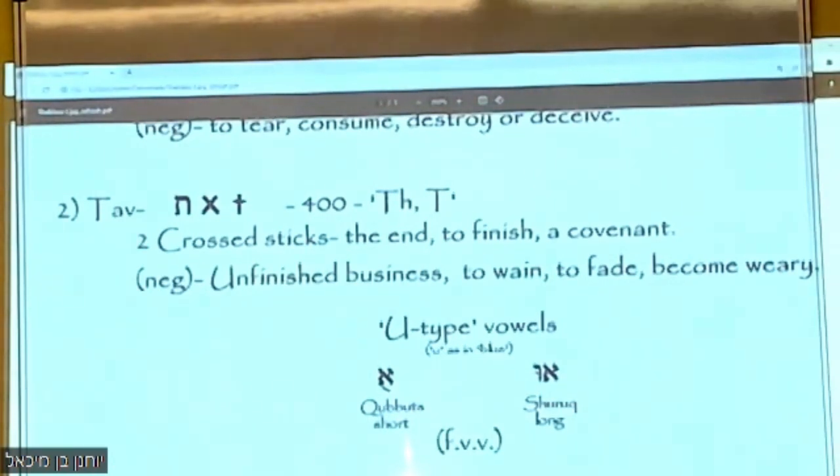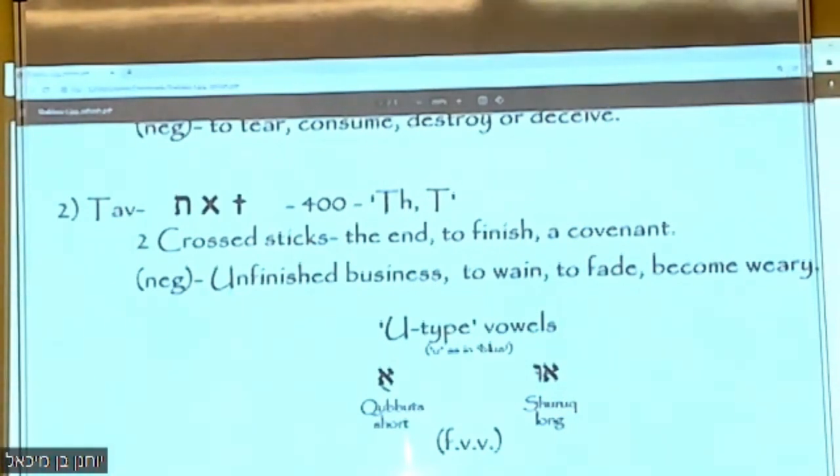But legally, if a person puts a letter X, that is considered a legal, legitimate signature for a legal document. Okay, so that's the sign of making a covenant with somebody, is making that X. So that's what it symbolizes.